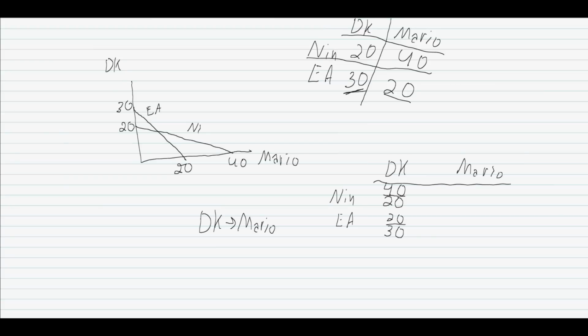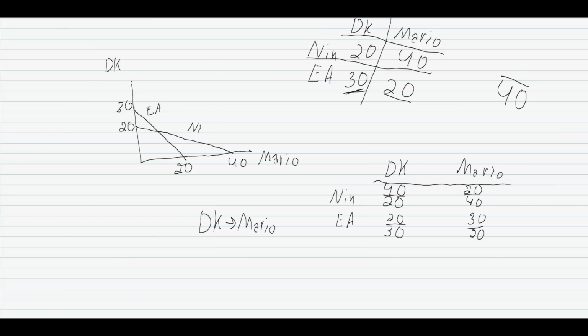Alright, looks good so far. Let's do it for Mario too. Now, since the Mario's in the bottom and the Donkey Kong's in the top, it's just going to be the reverse of this. So we can just do 20 over 40 and 30 over 20. In the denominator, put what you're looking for, the amount of Mario games they can make, which for Nintendo is 40.